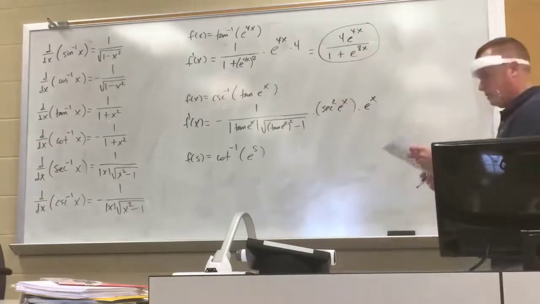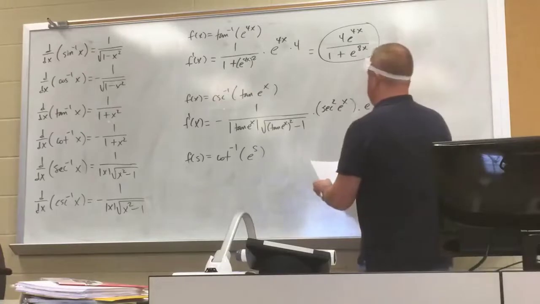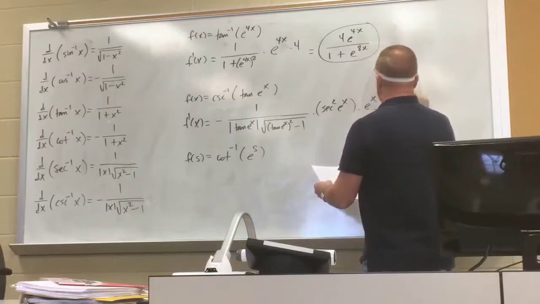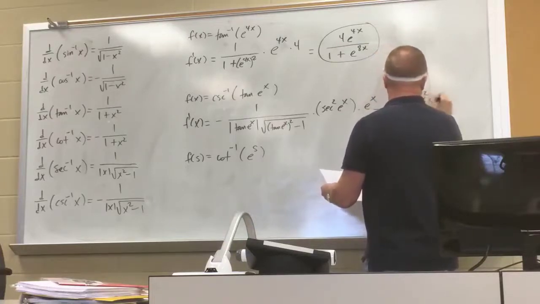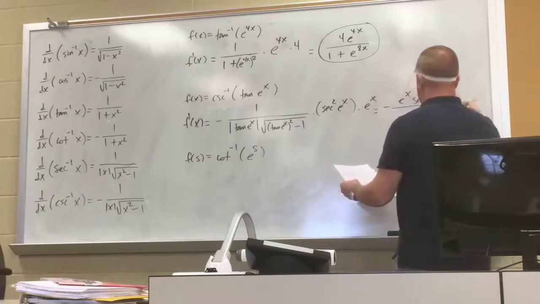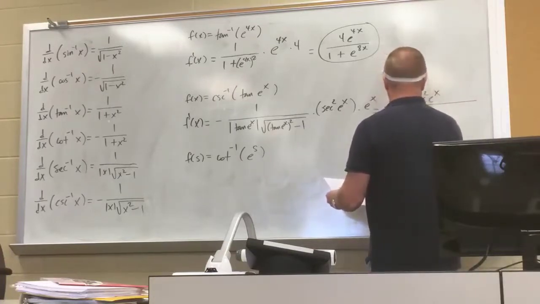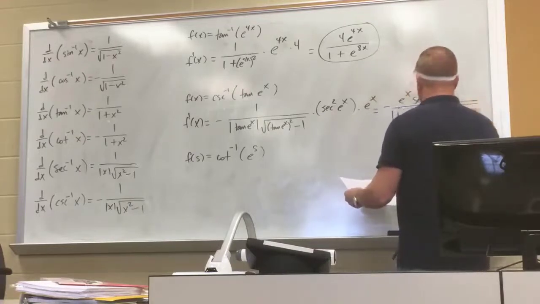Okay, so I wrote my answer as, if I put all this over here, negative e to the x times secant squared e to the x over absolute value of tangent e to the x times the square root of.